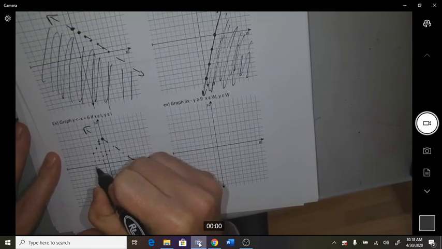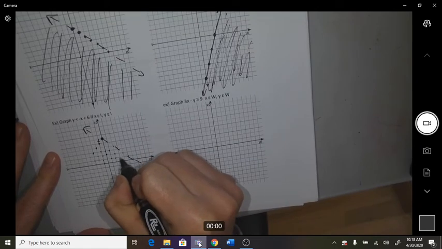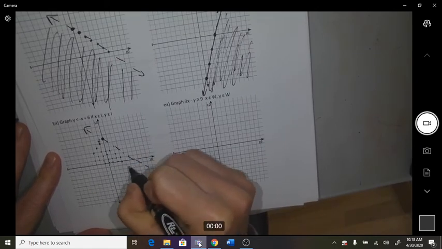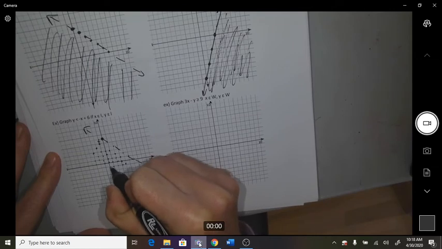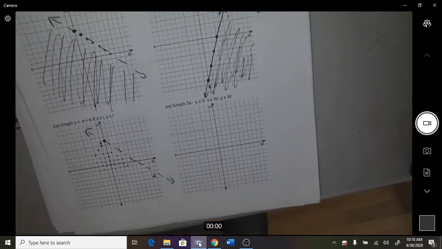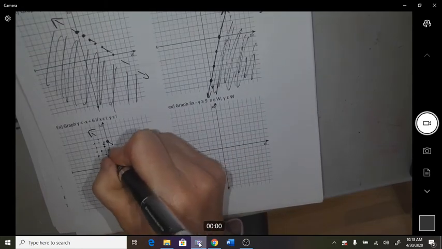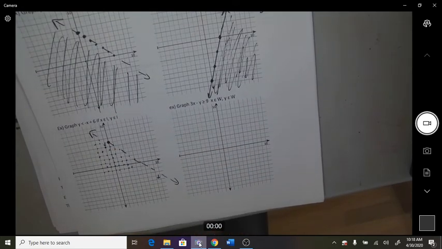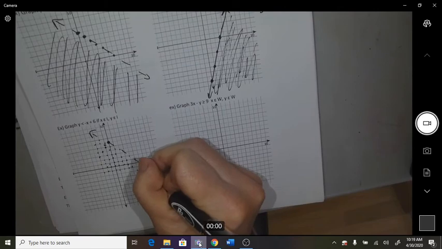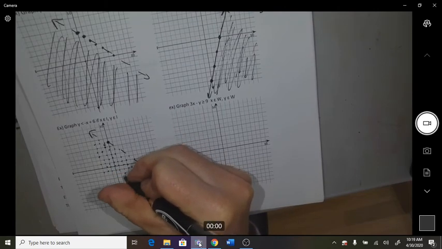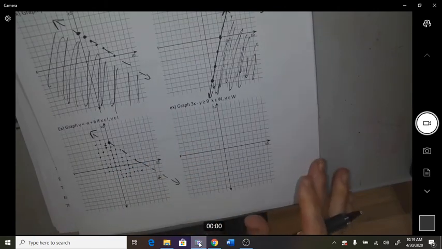Your solution is any points in this region. Obviously it goes on forever, but that would take me all day. Any of those points would be solutions.